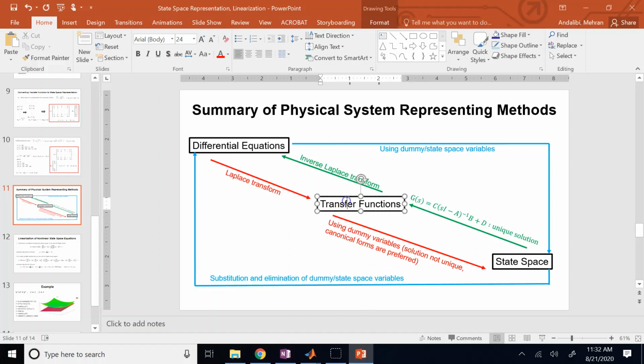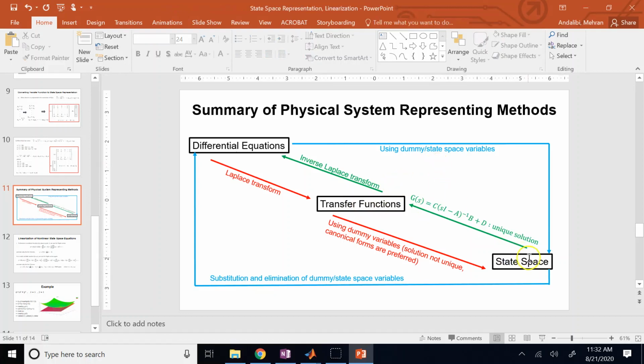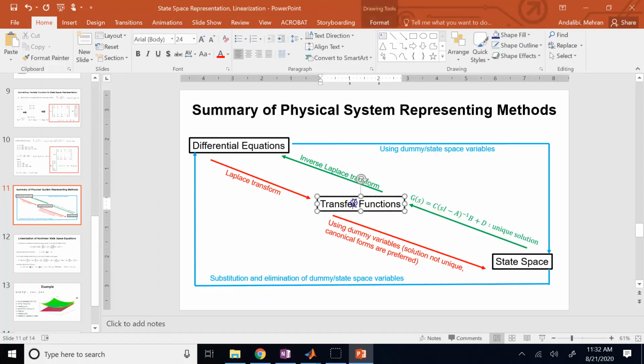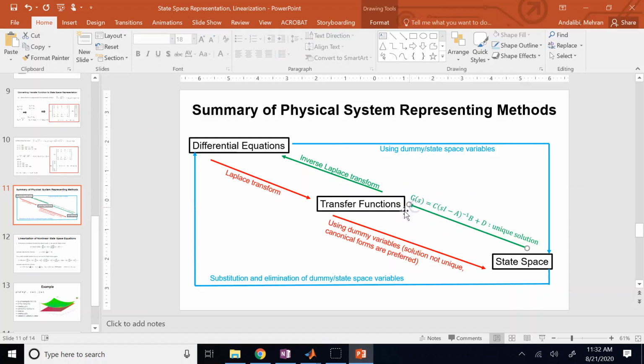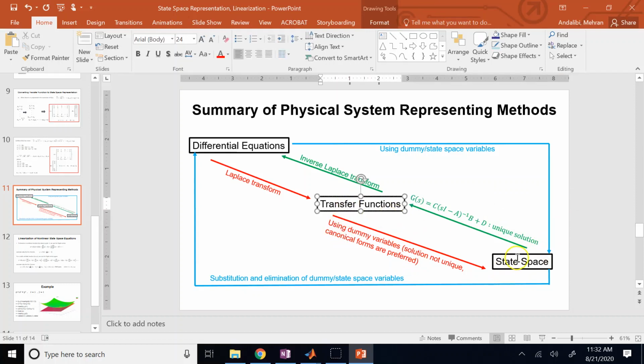Okay, now what I want to talk about is how to go between transfer functions and state space and backwards. Going from state space to transfer function is actually very easy, and there is a unique solution to that. We apply Laplace transform, and there is a unique formula for that, which I'll show you. If, on the other hand, you want to go from transfer functions to state space, there is no unique solution.